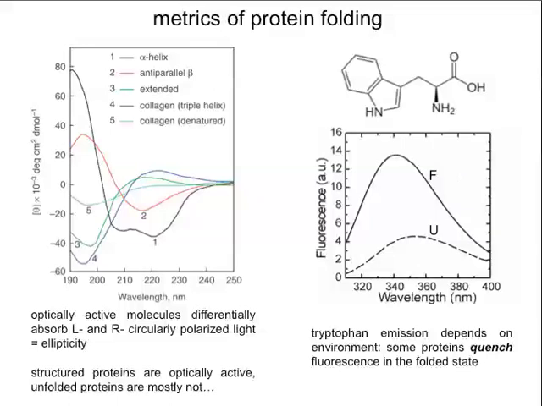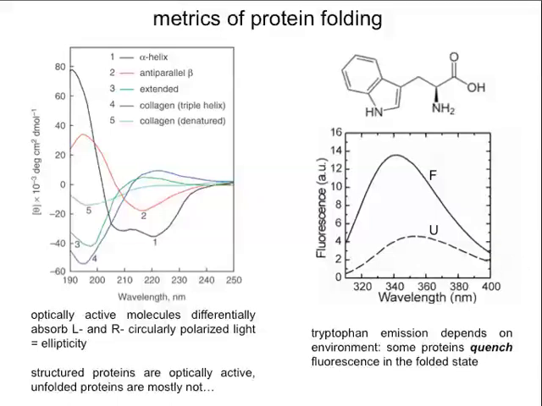In this little spectrum, we see clearly, well, there's tryptophan. Remember, it has a strong absorbance in the ultraviolet, and it also fluoresces, slightly redshifted, or longer wavelength emission from its absorbance. And if we look at the folded spectrum, this is the emission spectrum, right?